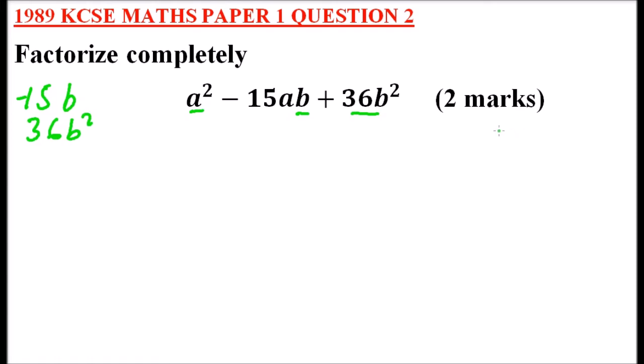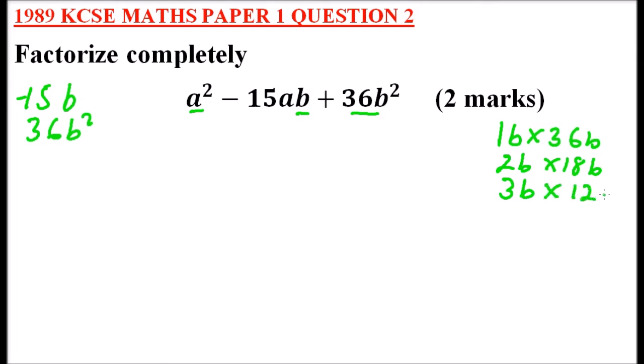So we can say 1b multiplied by 36b will give you 36b squared. But when you add them, you cannot get minus 15b. So you get 2b multiplied by 18b. That should also give you 36b squared. The other one is we have 3b multiplied by 12b.